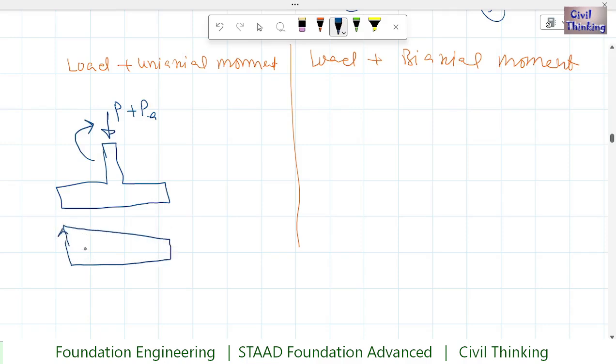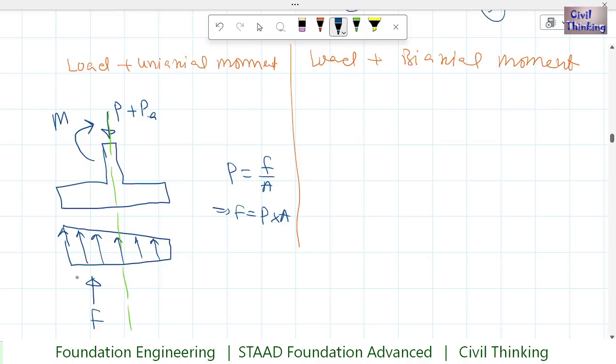If I draw a diagram like this, you can see the pressure to the left of this green line is more than this, so the net pressure is towards the left. Pressure is force divided by area, so force is pressure multiplied by area. Since the net force is in this direction, you might get a moment.